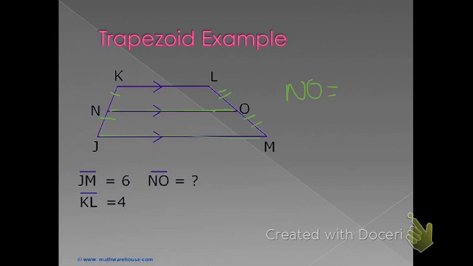NO is actually half of the sum of the two bases. So if this is 6 and this is 4, this line in the middle, NO, is going to be the average of those two. So it's going to be half of 6 plus 4, so half of 10, which is 5.